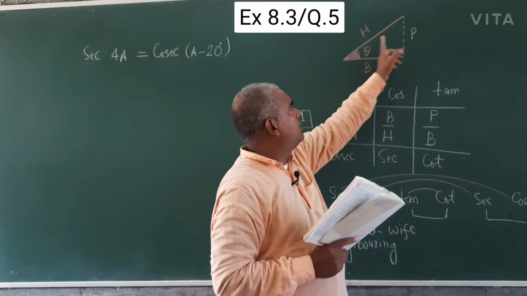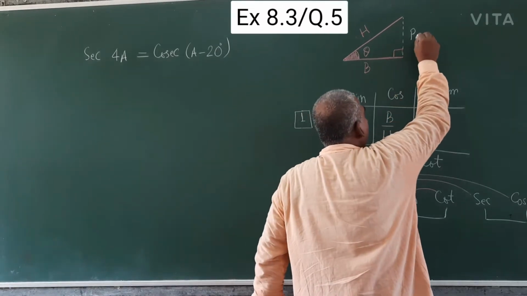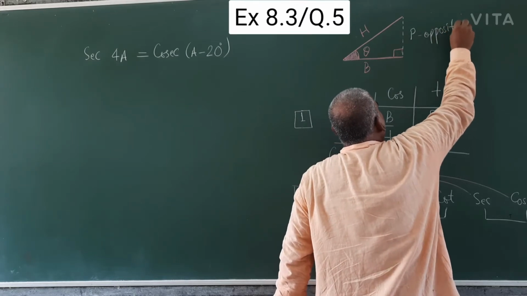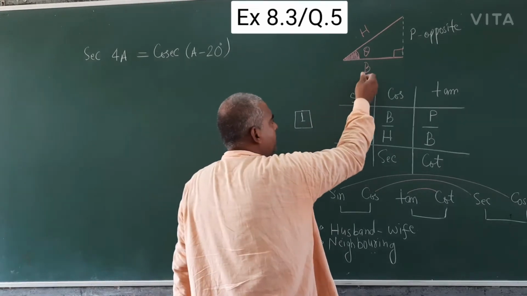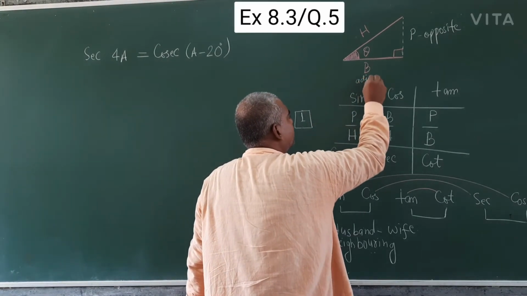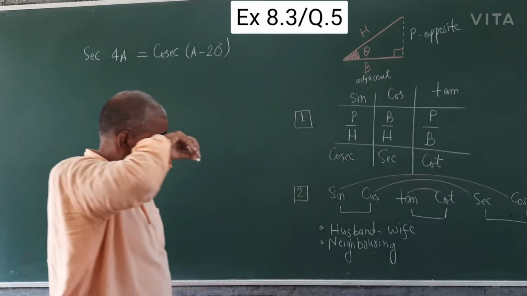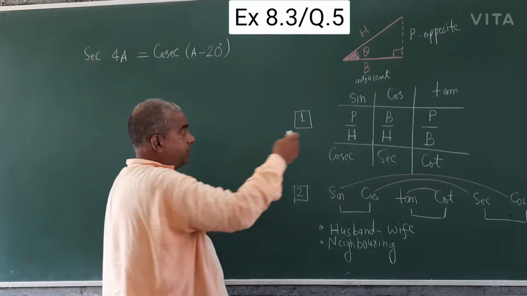And the rest is opposite. In your book P for perpendicular is written as opposite, and B for base is written as adjacent, and hypotenuse is the same.